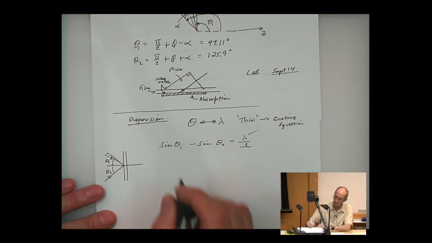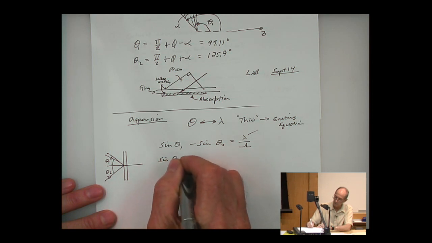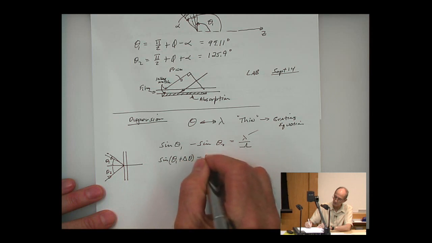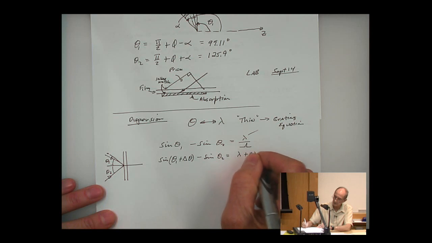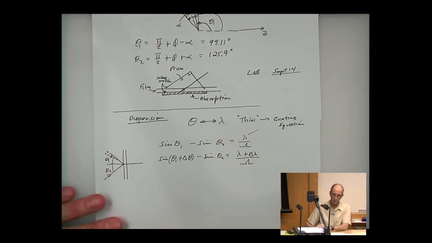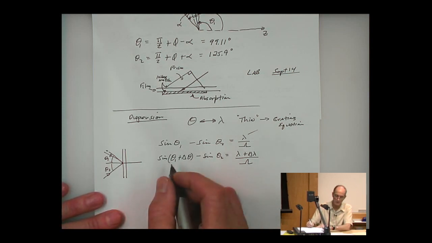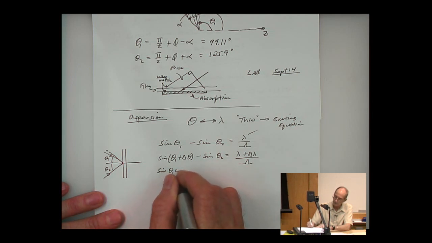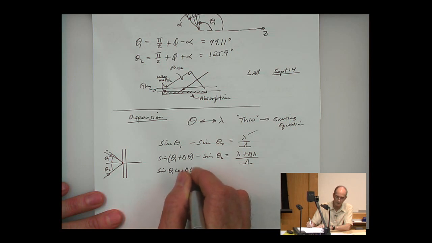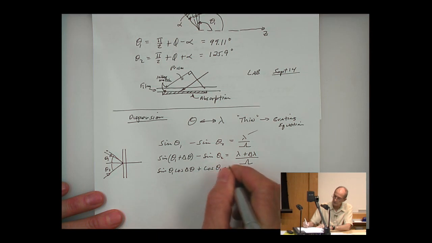All right. So if we have a slight change in theta 1, so we have sine of theta 1 plus delta theta, minus sine theta 2, this is going to give rise to lambda plus delta lambda over the period. And if we expand this a little bit, we end up with sine theta 1 cosine of delta theta plus cos theta 1 sine of delta theta.